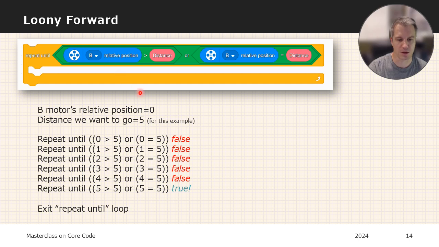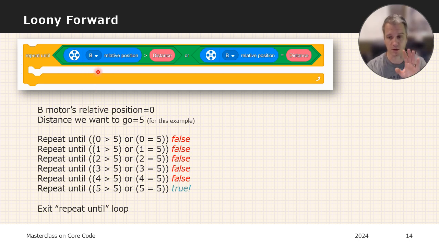Currently, this is at 0, this is at 5, this is at 0, this is at 5. So this code says repeat until 0 is greater than 5, not true, or 0 is equal to 5, not true. So that returns a false. So this little arrow says, all right, let's go do it again. And inside this code, our robot is moving forward.